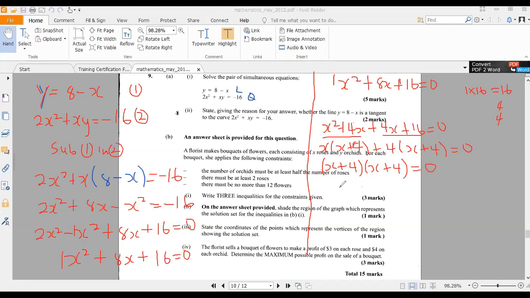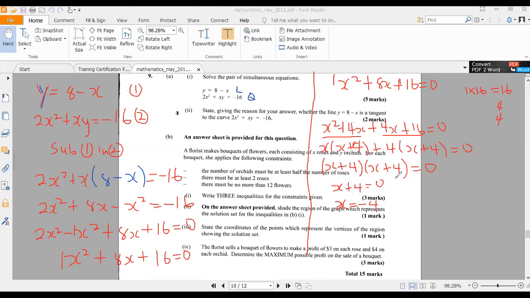All right. I want to find x now. So x plus 4 is equal to 0. So we get x is equal to 0 minus 4, which is negative 4.